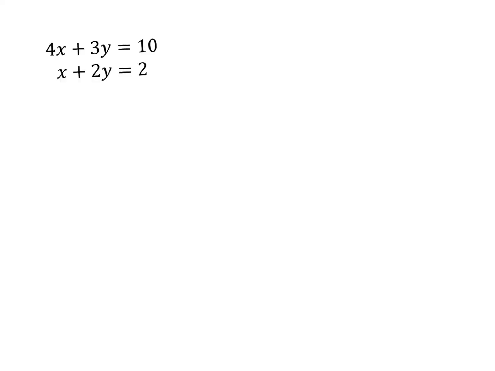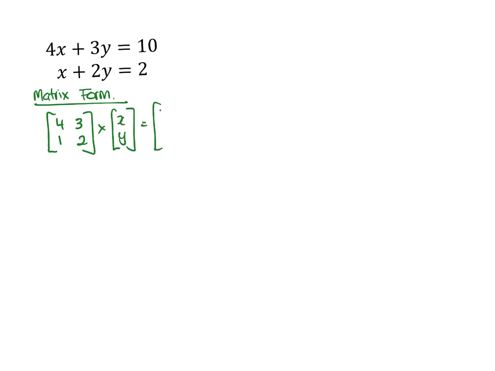Okay, so we're going to solve this, and the first set, I'm just going to put it in matrix form first because they have asked us to do that in the question. So matrix form for this one would be 4, 3, 1 and 2. Then I times it by x and y, and it equals 10 and 2.